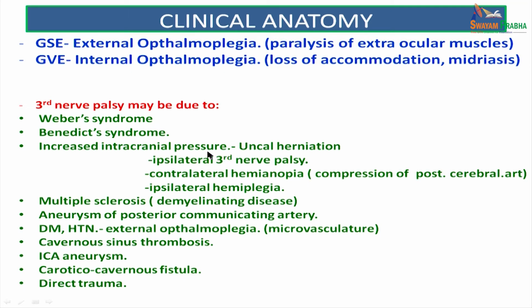When there is increased intracranial pressure, the brainstem is moved down so that there is uncal herniation.